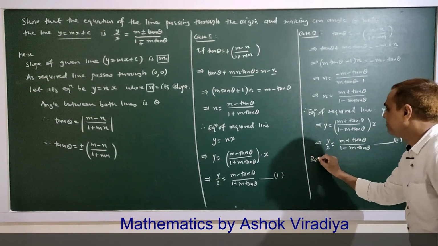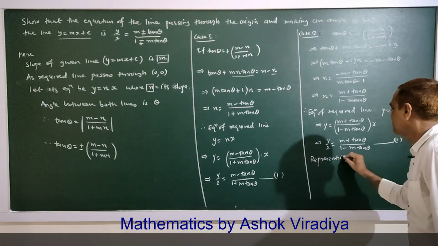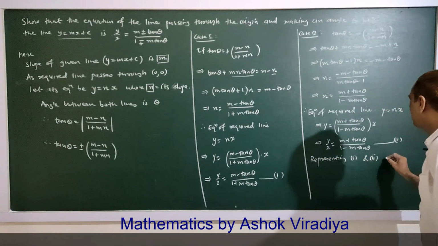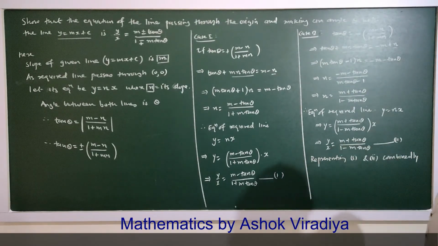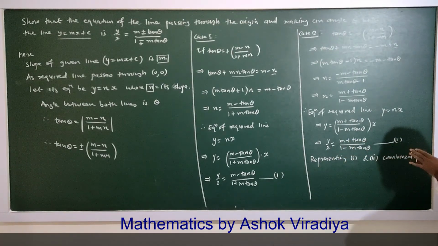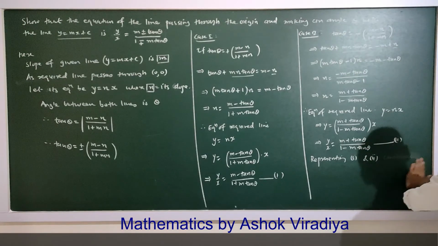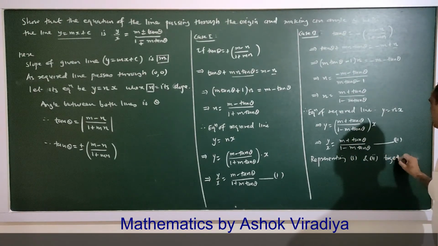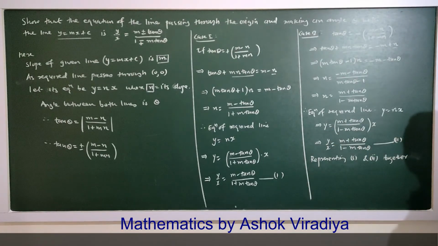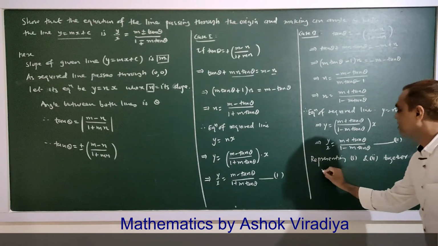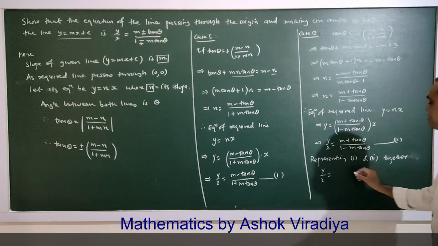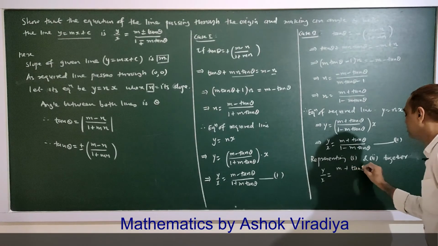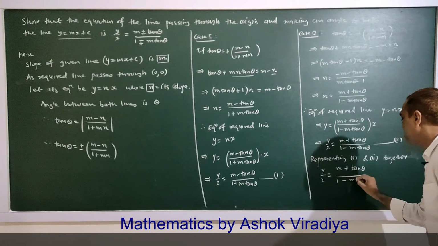So representing 1 and 2 combinedly or together, required equation is y by x equals m plus tan theta upon 1 minus m tan theta.